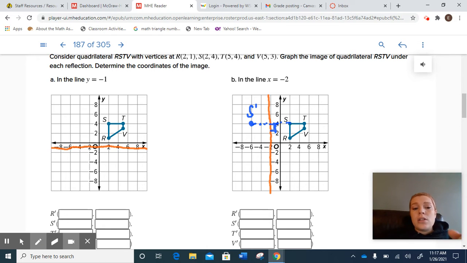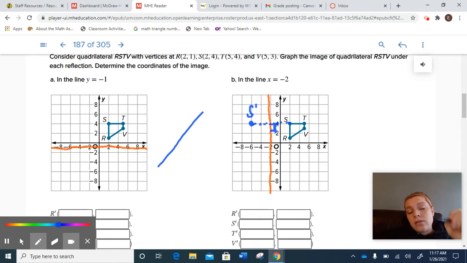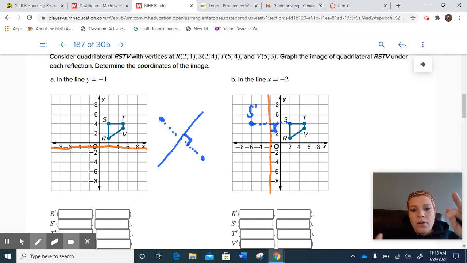It's a lot easier to see when it's a straight up and down line or a horizontal line, but when it makes a diagonal like this, you have to make sure that when you do a reflection and bring it across the other side, it makes a 90. Very important.